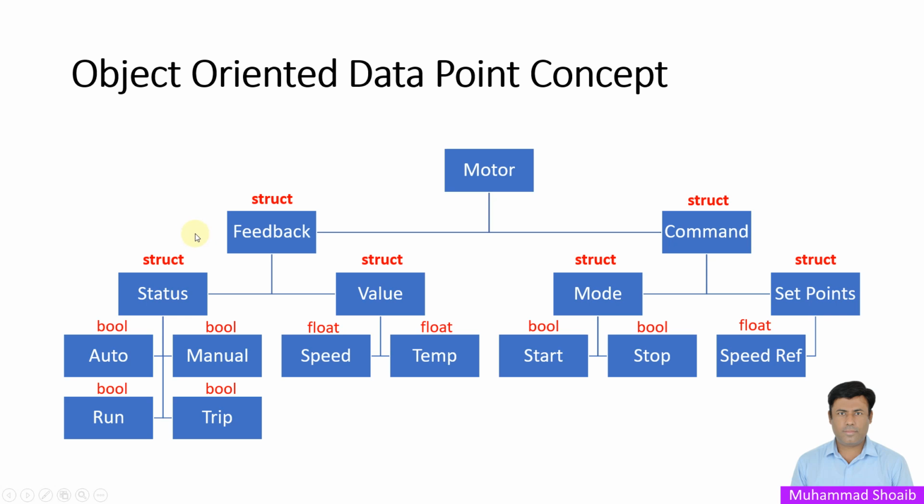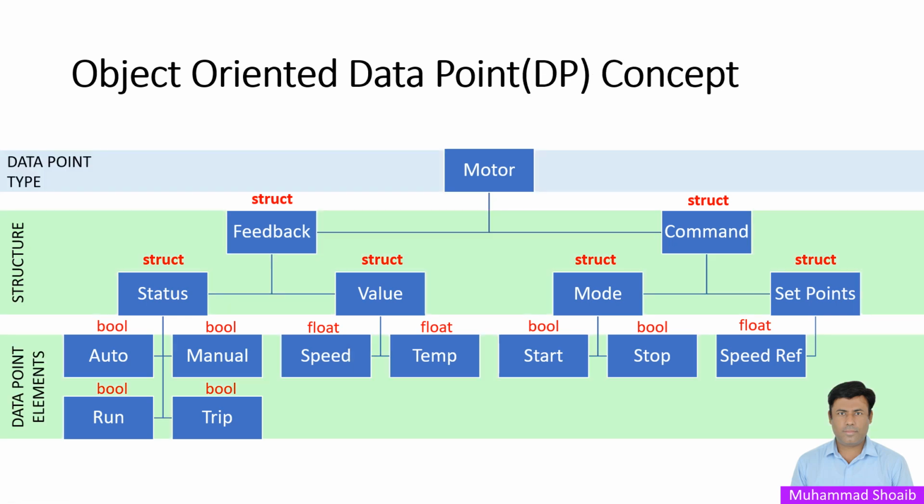In a similar manner, below the structure we have the data point elements. These data point elements hold the attributes or signals such as on/off, speed, current, or alarms. Here you can see below we have different types of elements, like boolean, float, or integer, whatever our signal is in the field.